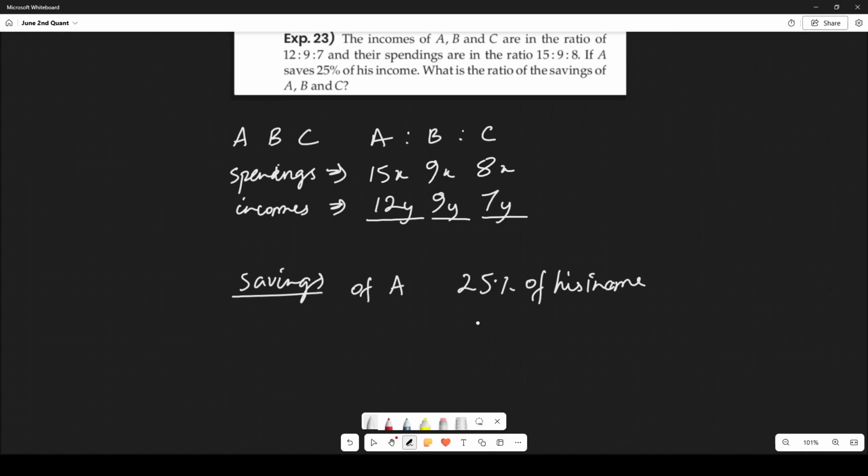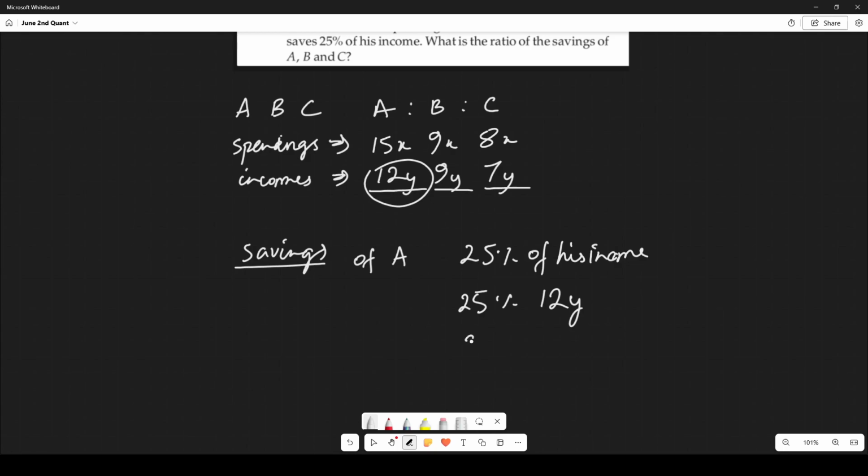If we write this as an equation, we can write it down as 25% of whatever his income is, which is 12y. So 25 by 100 into 12y is actually his savings, the savings of A.